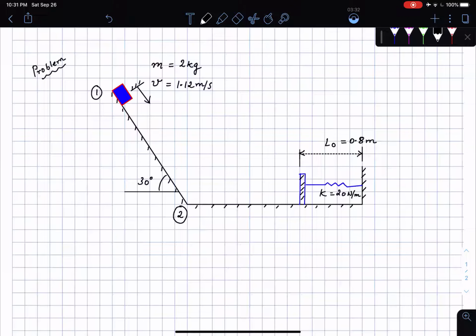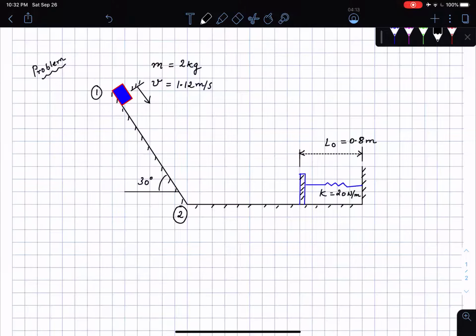It drops down onto the incline because it has an initial velocity, and it gains some energy because it is dropping from a certain height, so it gains speed. When it comes to point 2, depending on how friction is acting, it starts going along the horizontal track and hits the spring element, which prevents the box from being completely damaged as it hits the wall. The cushion acts as something that will stop the motion of the box if the spring is very stiff. So what are we supposed to do in this problem?